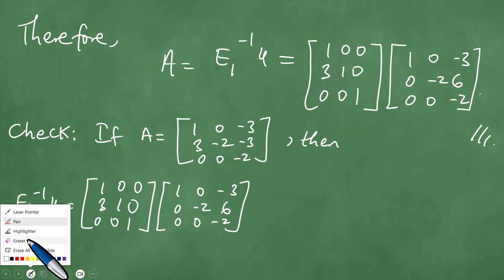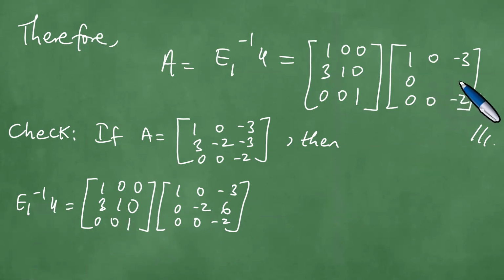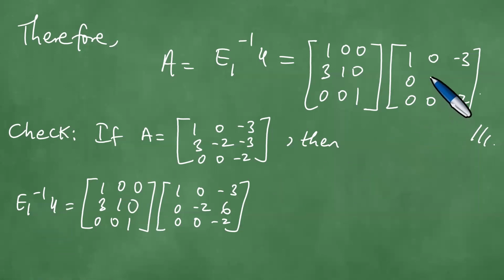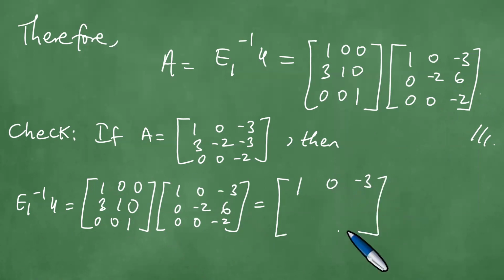Right, so we have this. We have exactly this here, and so this is the upper triangular matrix, minus 2 with a 6 here. And therefore, multiply row by column, getting a 1 here, this by that getting a 0, this by that getting minus 3.